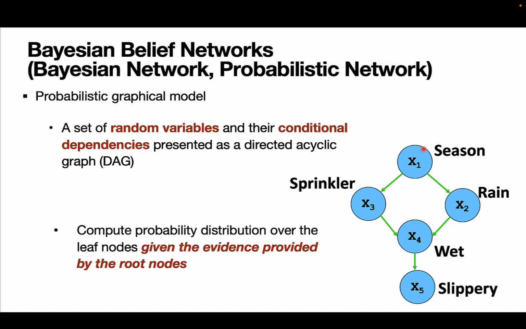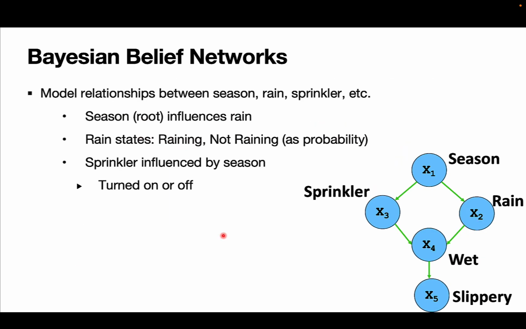And these observations are interconnected because whether the wet street is caused by rain or a sprinkler, it's going to lead to a slippery surface. So the goal is to compute the probability distribution over these vertices in this directed acyclic graph, then use this graph to make inferences with confidence.